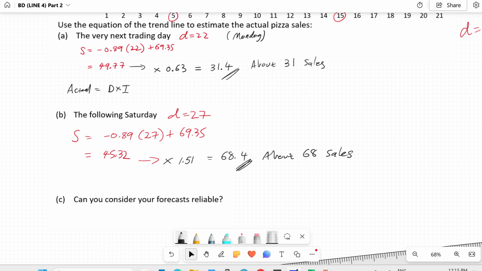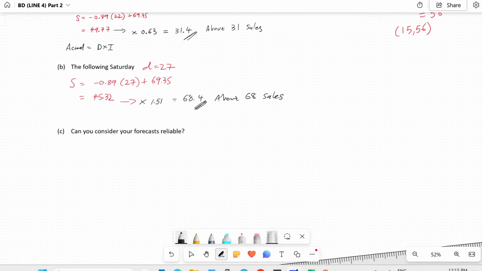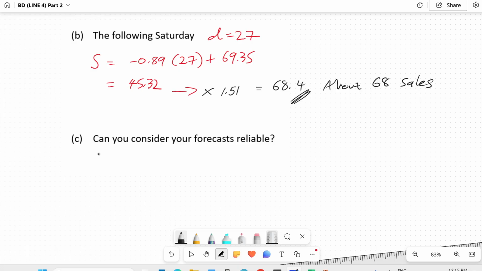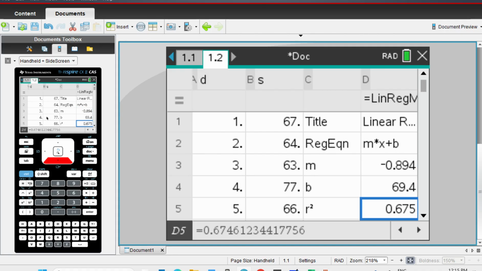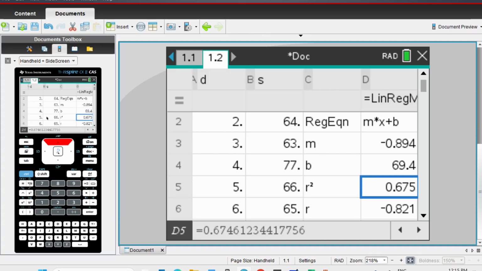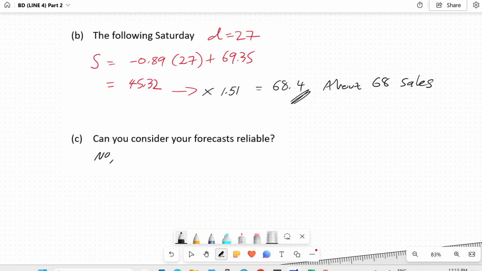Okay, now can we consider these forecasts to be reliable? Well, no. These are both extrapolations. So we might look into the fact that our R squared value, well, it isn't all that high. It's 0.675, so that's not that flash anyway. But we've got plenty of data as well. Like, the R squared value is moderately high, lots of data, but these are extrapolations.